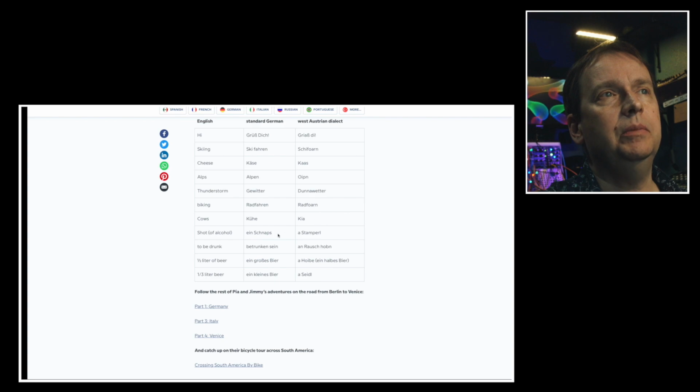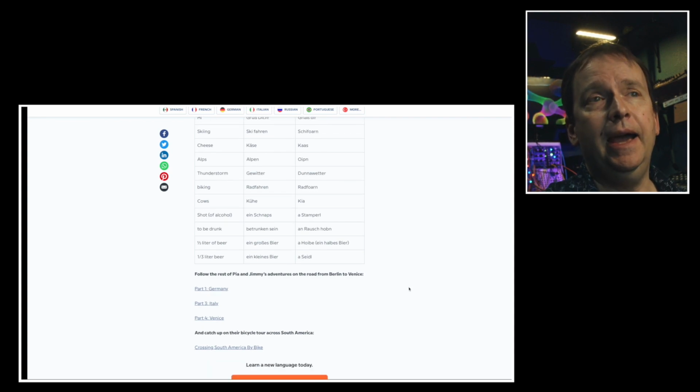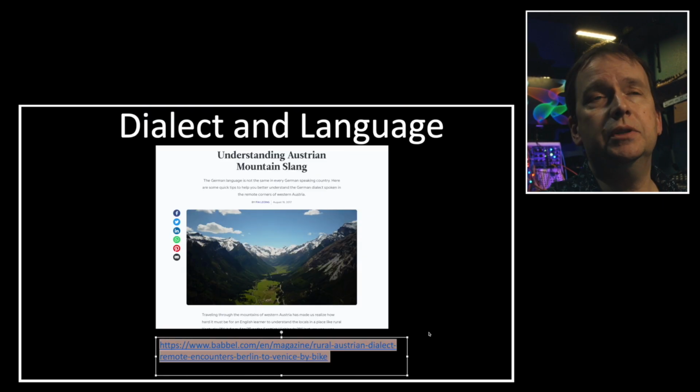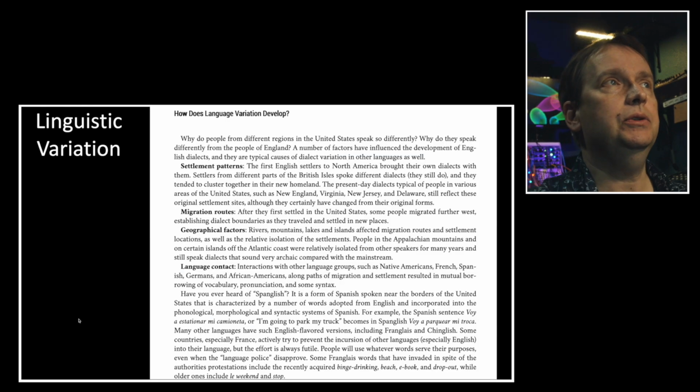There's some similarity with Kua and Kia, but they look rather different. So it's interesting to look at how dialects work, and they're really an interesting form of linguistic variation that we notice in regions.